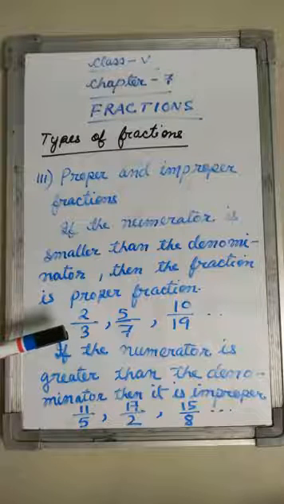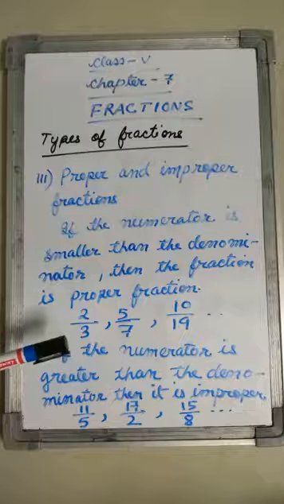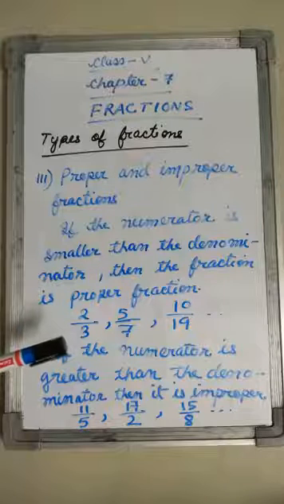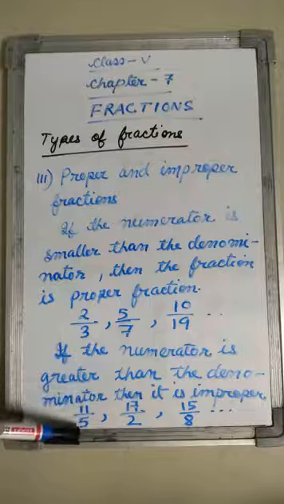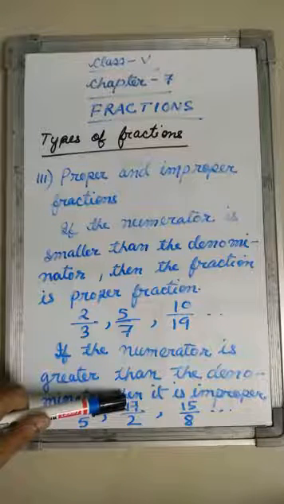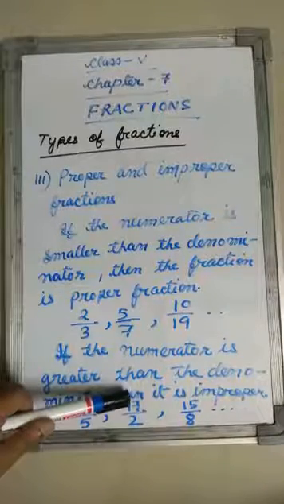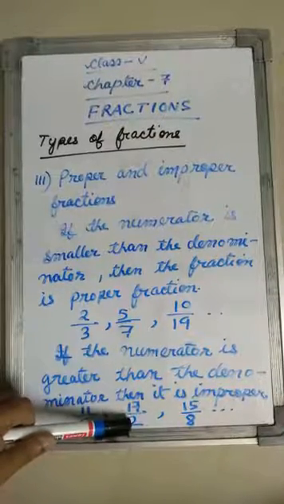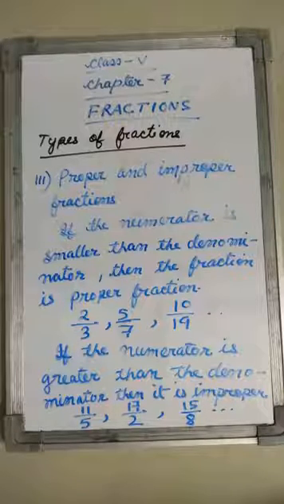An improper fraction is when the numerator is greater than the denominator. 11 is the numerator and the denominator is 5, 17 is the numerator and 2 is the denominator. The numerator is greater than the denominator, so these types of fractions are called improper fractions.